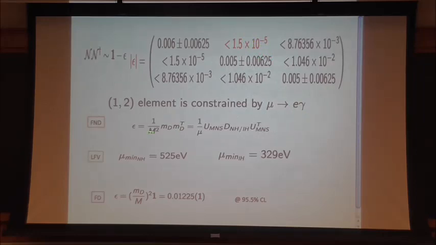And we can calculate our flavor diagonal and flavor non-diagonal cases for this mu using these matrix elements. And we can find that this mu term, which is proportional to the light neutrino mass, is of the order of some electron volt.